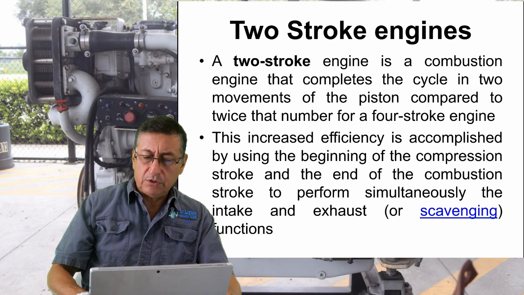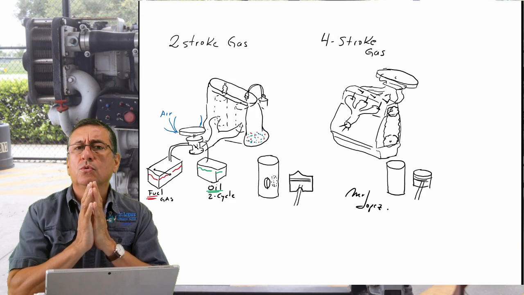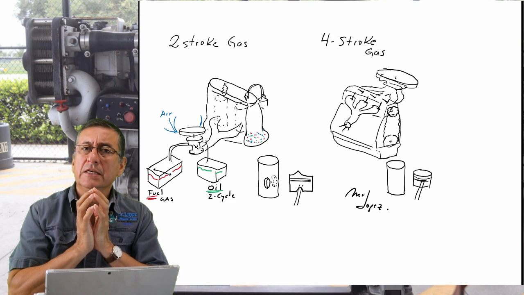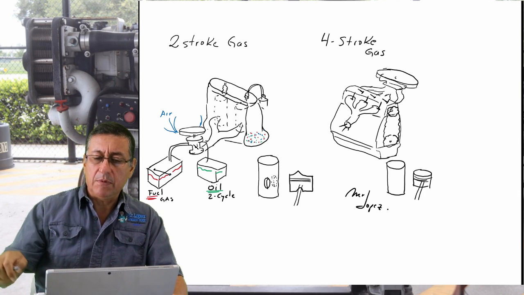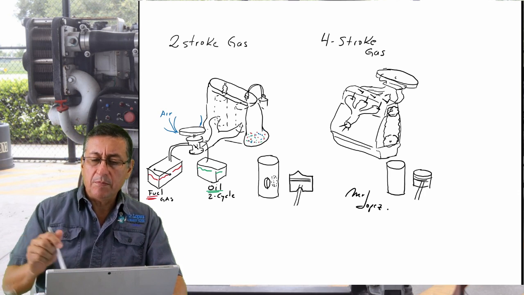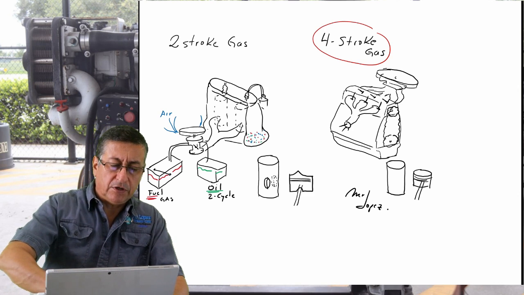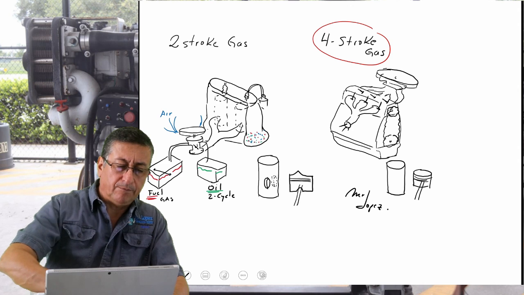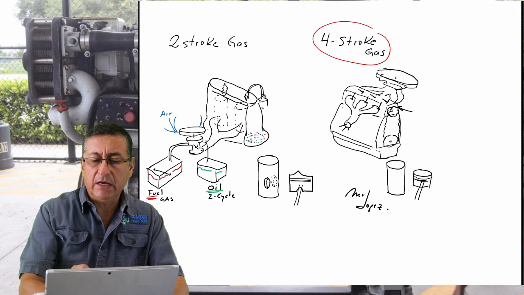All right, right now I am going to explain quickly what is the main difference between both types of engines. But in order to understand easily the 2-stroke gasoline and 4 strokes, let me explain something about that. If you remember, in a 4-stroke gasoline engine, we have the head, and in each side of the head you have an exhaust manifold and intake manifold.